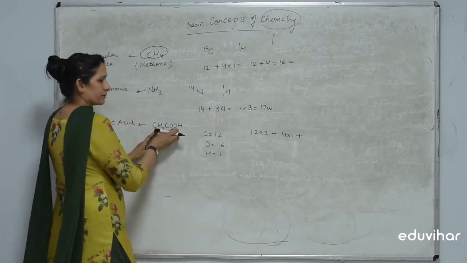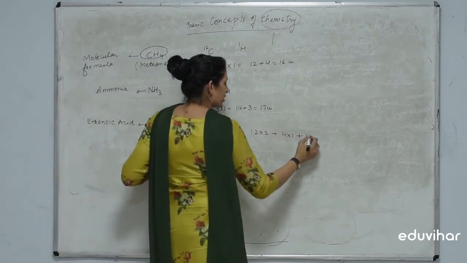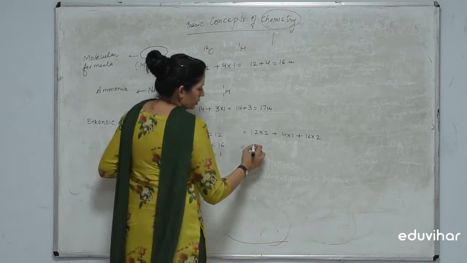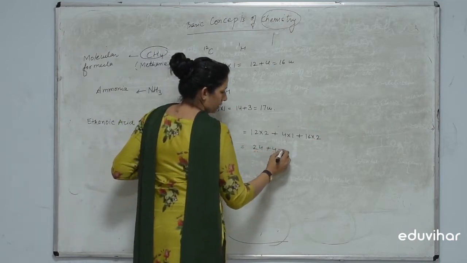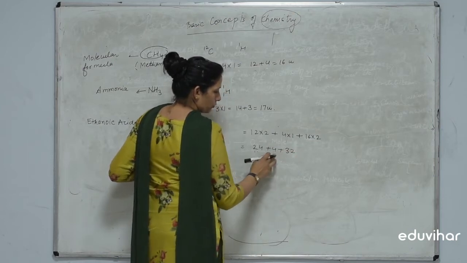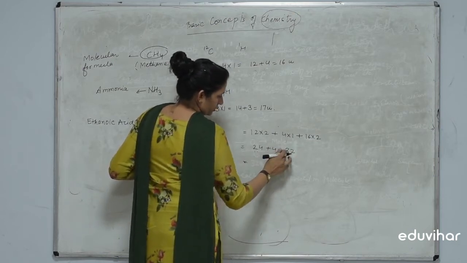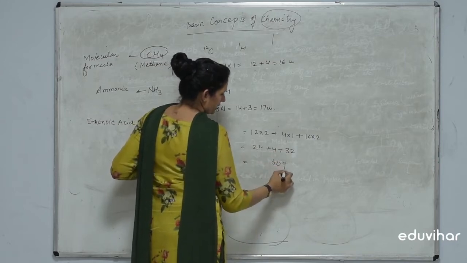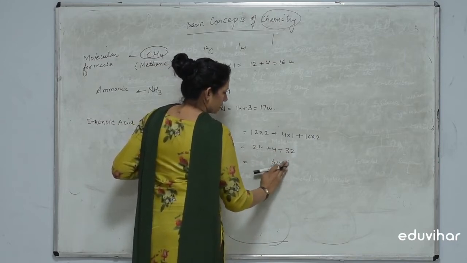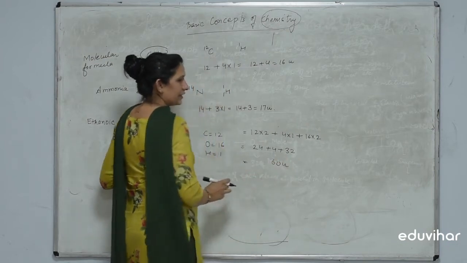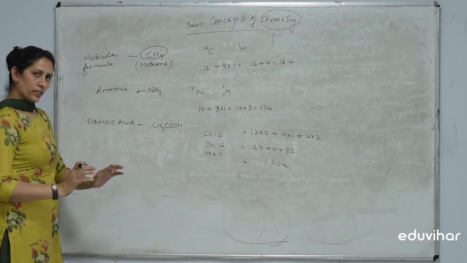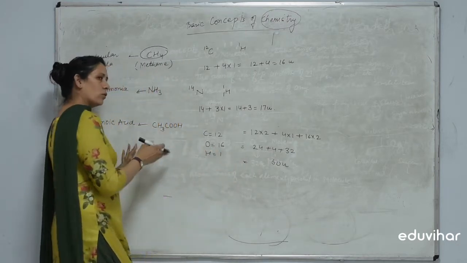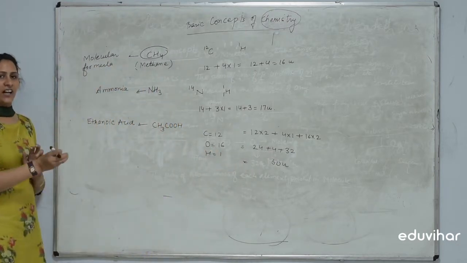How many oxygen are there? 2, so 16 multiplied by 2 is 32. 24 plus 4 plus 32 is 60 grams, you can say 60 units. Is it clear or not? To calculate the molecular mass of any molecule, we just sum up all the atomic masses of each element present in the molecule.